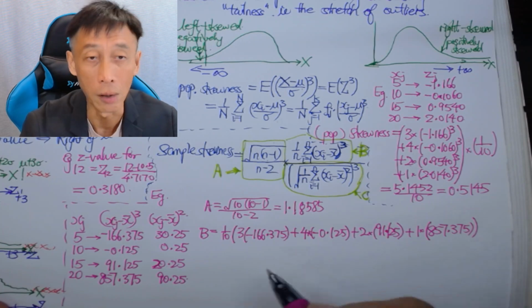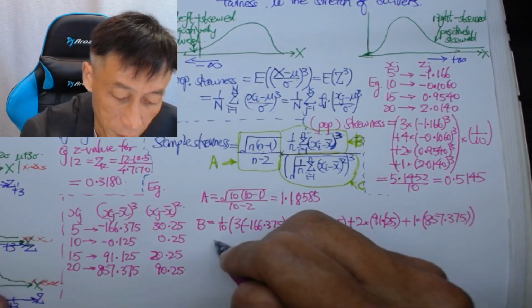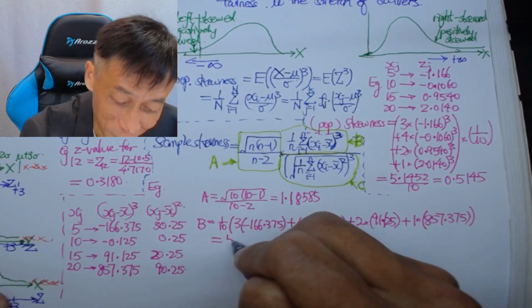And of course, to cut the long story short, use the calculator, you get 54.